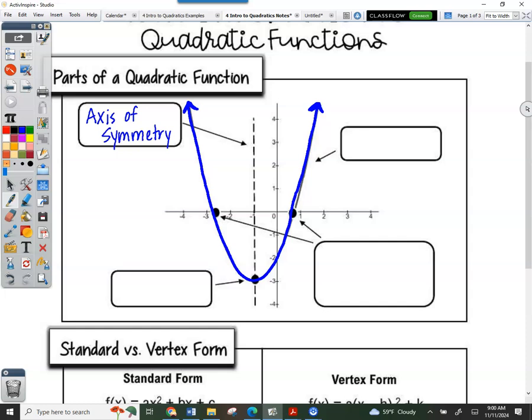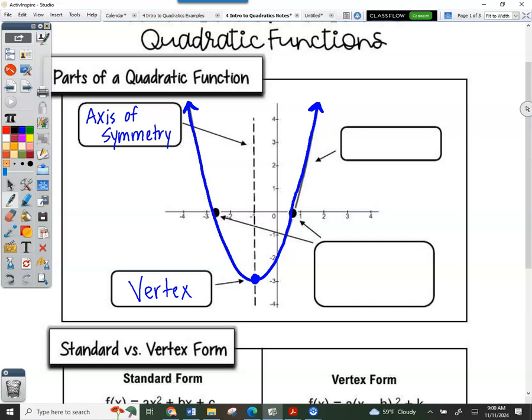The next part, vertex. Notice it's pointing to the very, very bottom of the curve. The absolute lowest point on this curve. Now, I just want to see if by curiosity you can answer me.